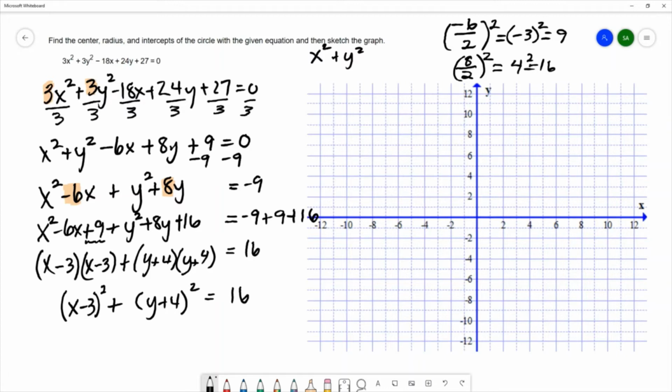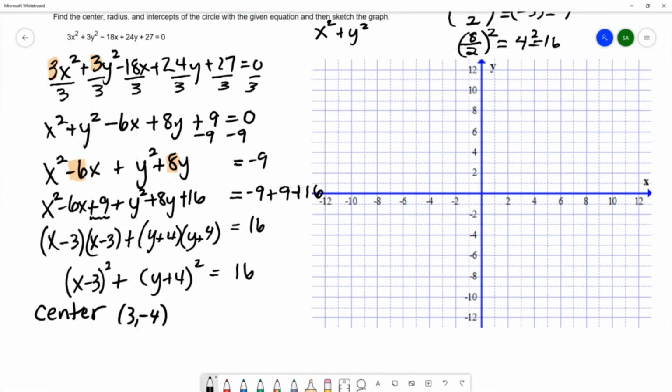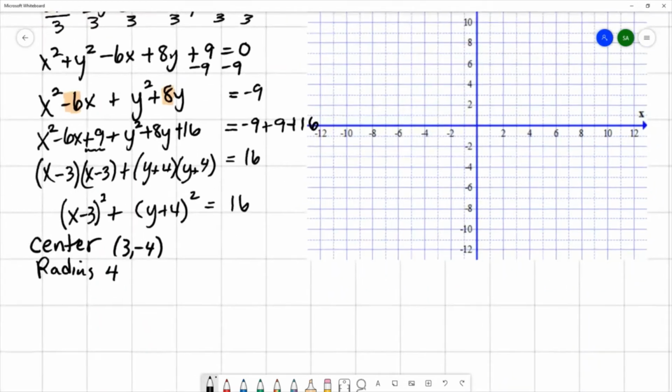So the center is 3, negative 4, and the radius is 4. And I can spend a little bit more time on how I got those values.